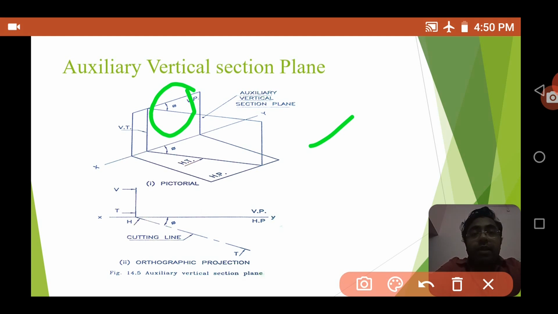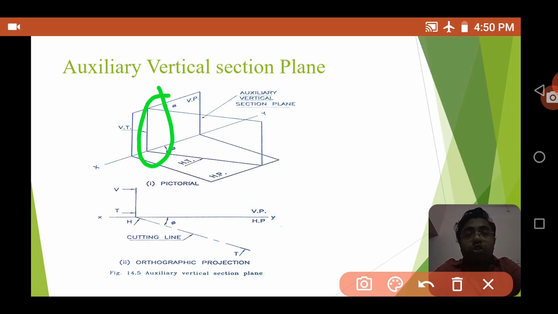You can see that there is a line joining with the vertical plane. This line is inclined and extended to the vertical plane, and that line is touching the vertical plane.